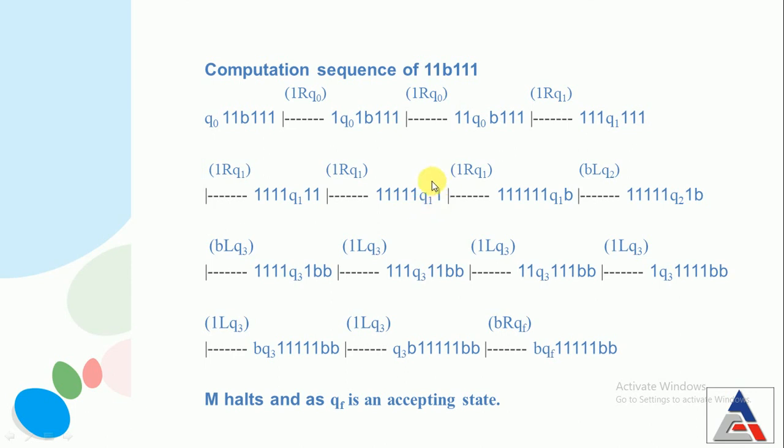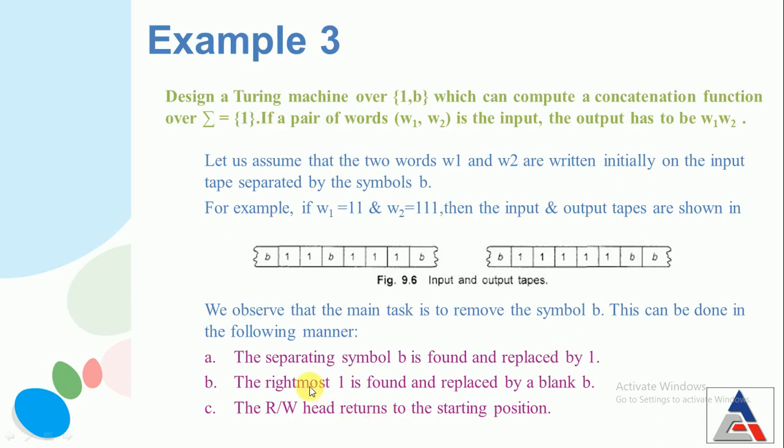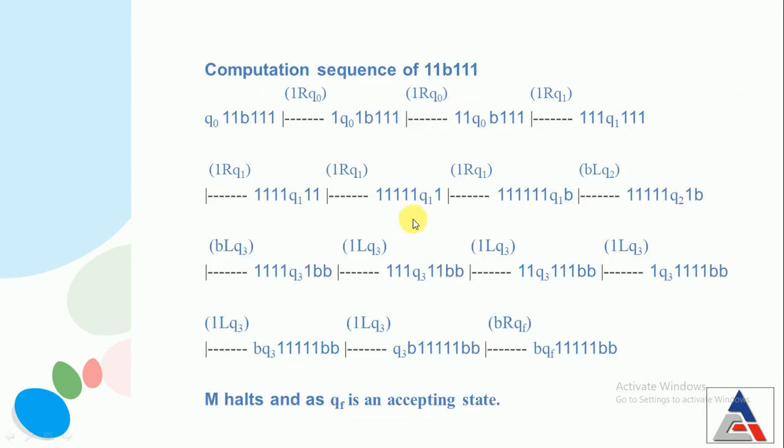So here is the rightmost one, right? We have defined step 2, that the rightmost one is found and replaced by blank B. But you will not change this one while moving right because we have defined the move for Q1, that is 1R Q1. So when you reach the B symbol, you will move backwards, and this B will remain as such.